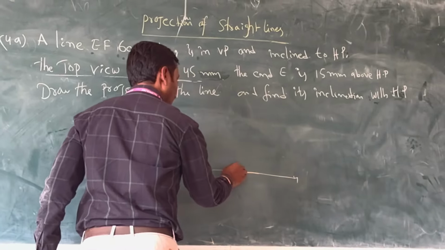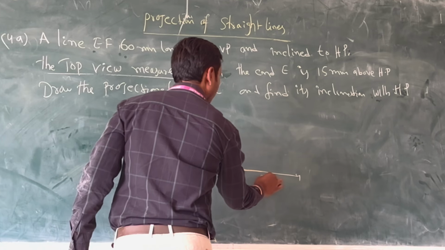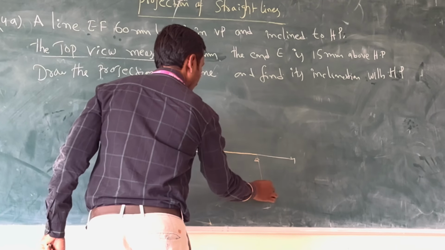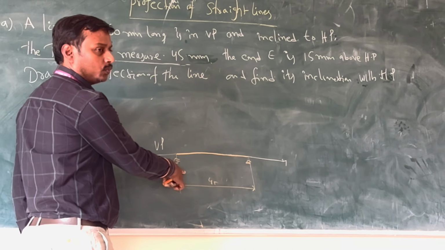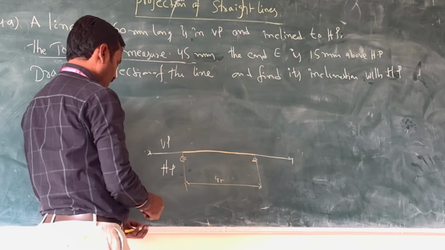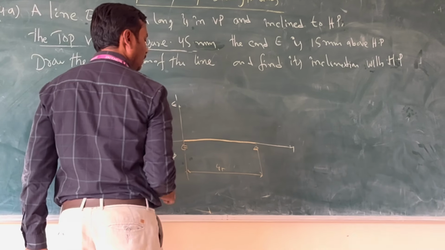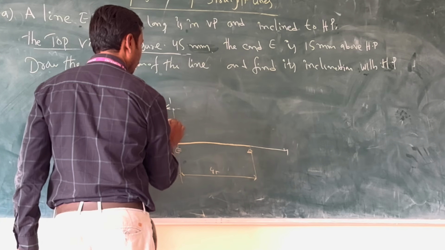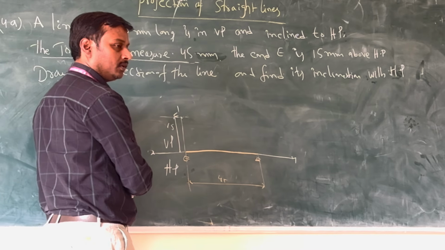How much? 45 mm, E F. This is the top view, 45 mm. Again, E dash is how much above HP? 15 mm above HP.